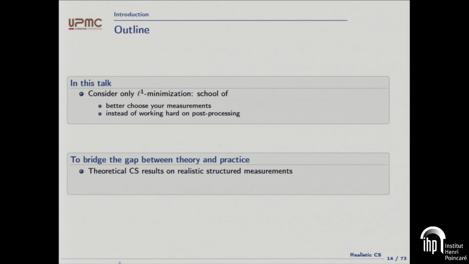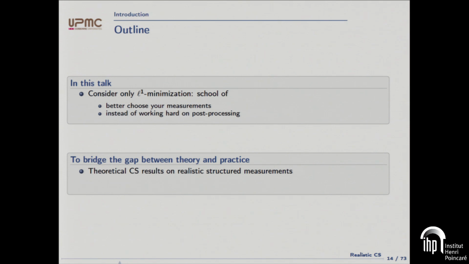In this talk, I will only consider the L1 minimization problem because I'm from the school of Anders Hansen, where we prefer to choose the measurements well instead of fighting with post-processing procedures once we have the measurements. I prefer to have the right information at the beginning of my recovery algorithm instead of fighting with the recovery algorithm behind.